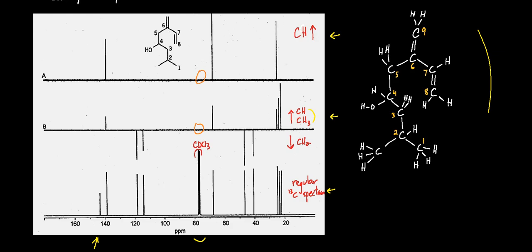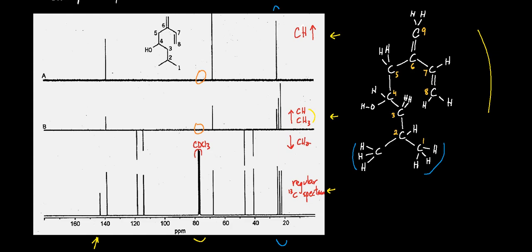All right, so looking at the molecule, we can divide it up into groups. Where are the CH3s, for example? Here and here. They're equivalent, and they're going to be pretty much upfield. We see three signals here, far upfield, one of which is a CH.